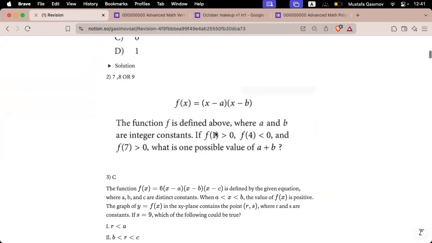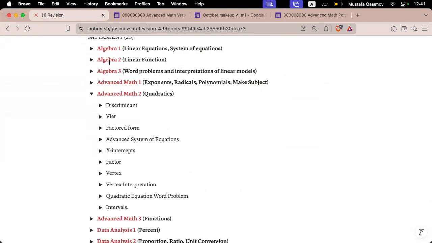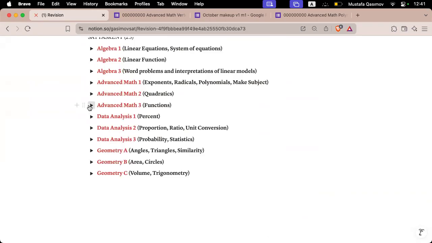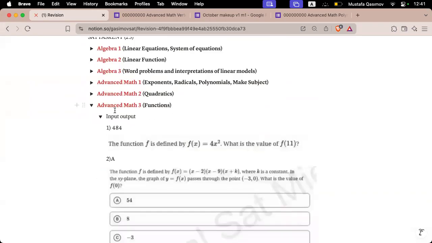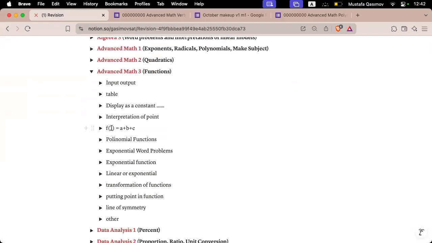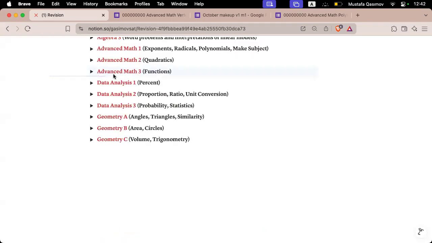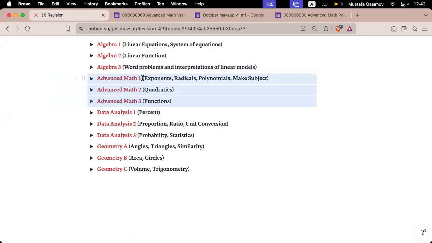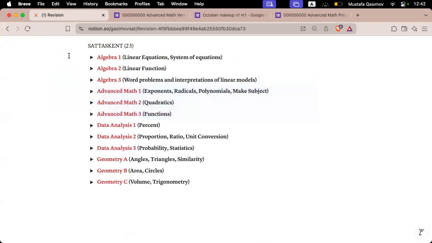They are also hard. And we will look at advanced math 3, which is exponential function, symmetric question, and etc. This part, advanced math 3, is the hardest part of the exam. It's my opinion. Okay, after finishing this advanced math part, on 25 May, we will look at algebra if you want.